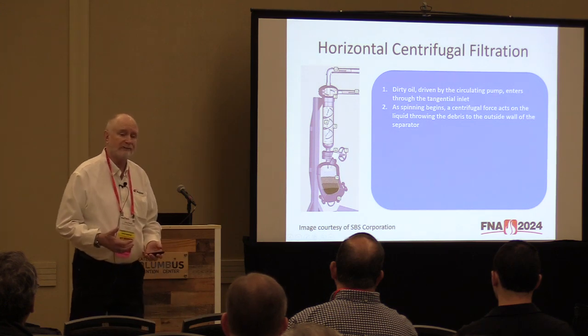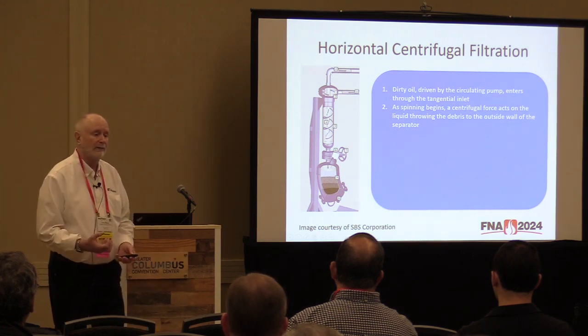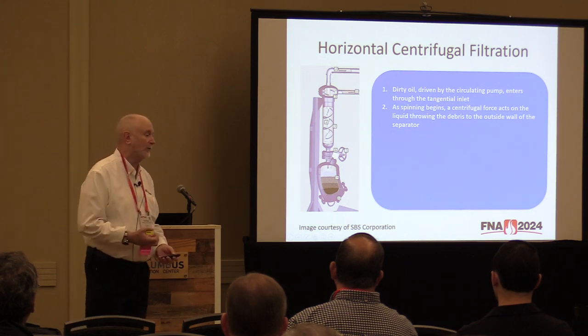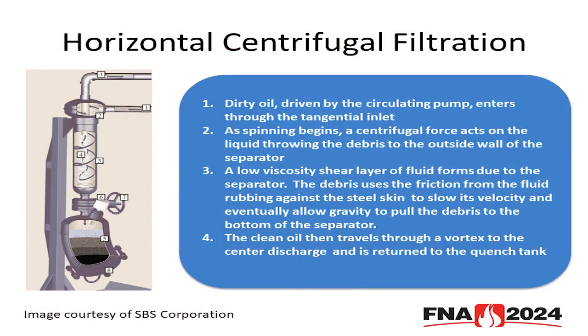There it begins to slow down. The contaminant is heavier and will fall out of the oil and eventually wind up down in number 5, while the clean oil then goes through the vortex and out through the top in number 4.